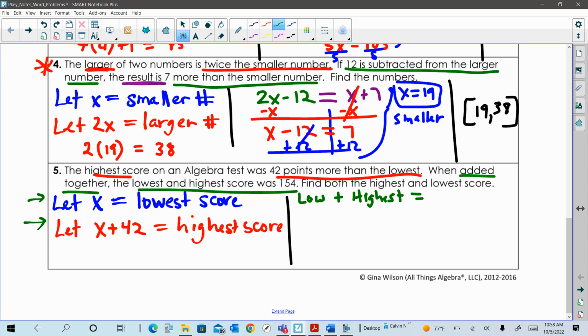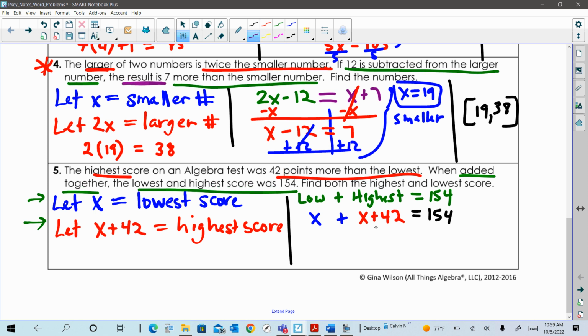It's going to equal 154. Your low plus the highest equals 154. So now for the lowest, we're using what variable? X. Yeah, so we got x plus our highest was x plus 42. x plus 42. It's going to equal 154.